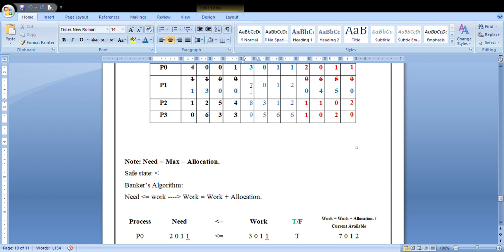Next, it's 91199. You can just see this. The final available value is matching with our total resource value.